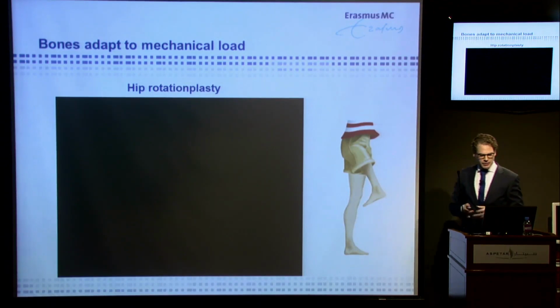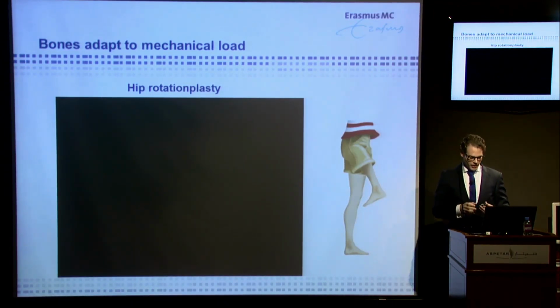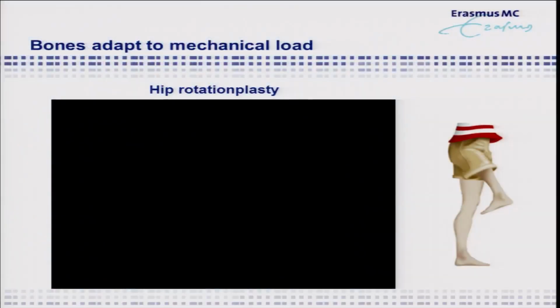And can bones adapt to mechanical loads? Well, yes, they can, and this is very nicely shown by the following clip. People who were at the groin conference might already have seen this clip, but it's really illustrative. I will introduce the clip first, very briefly.